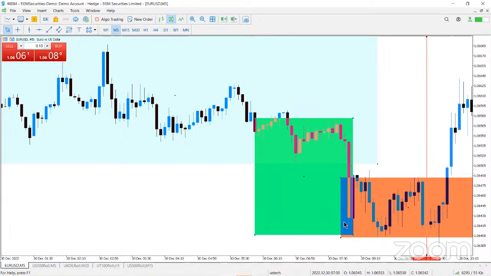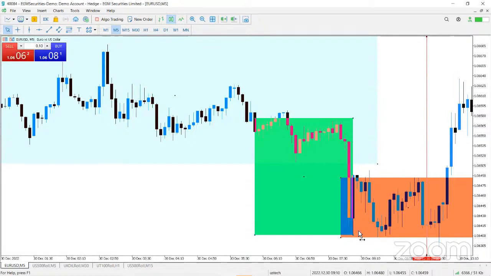It probably would have been a good trade if you're attempting to trade this when the market is opening, because you expect traders to follow through with it. But since it was very early, then chances are that move wouldn't have followed through.